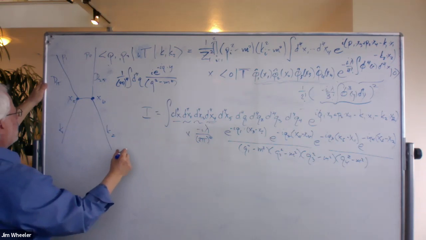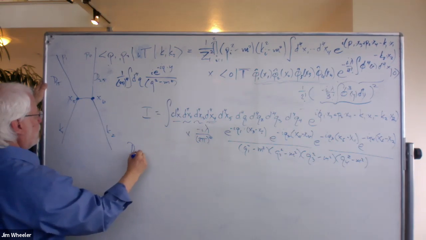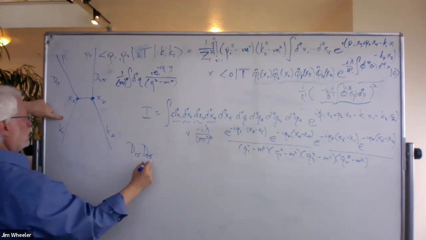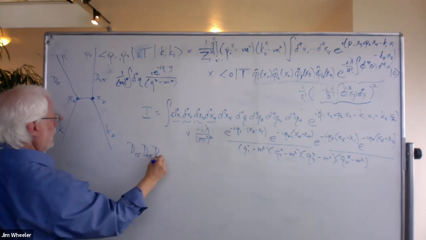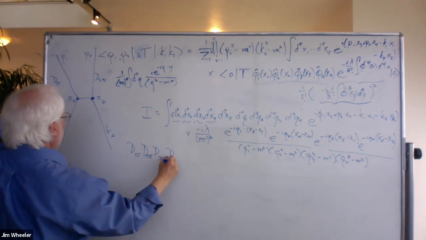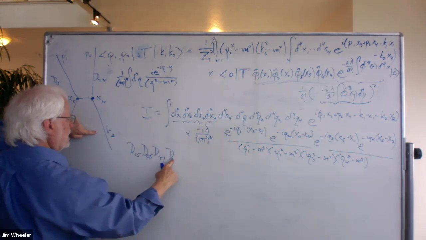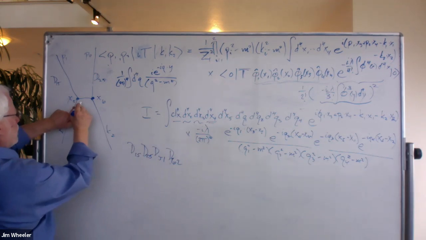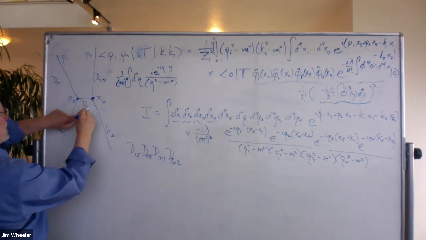So we'll have a D15, a D25. Here's a D5-K1 and a D6-K2. And then we also have a propagator here, a D5-6.